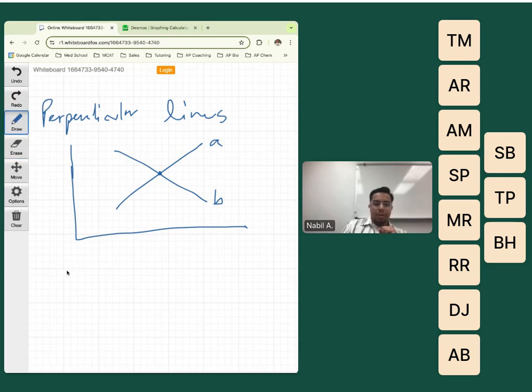Let's just say the slope of A is A over B. We would expect that the slope of B will be the negative reciprocal. So we'll flip the sign, and also we'll flip the fraction. So it'll be negative B over A. Negative reciprocal, reciprocal meaning we're flipping the fraction. So that's the relationship between the slopes of the two perpendicular lines, and they'll cross at one point here. Does that make sense?